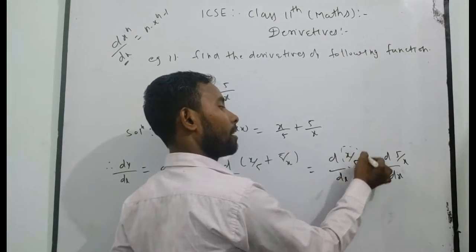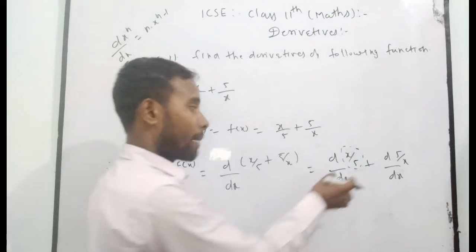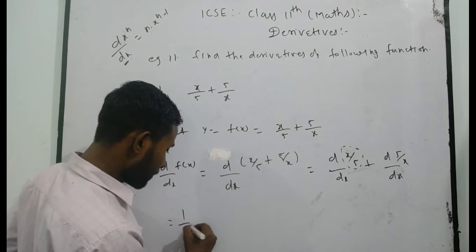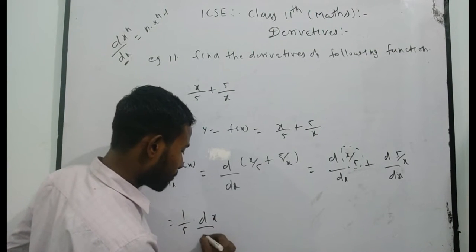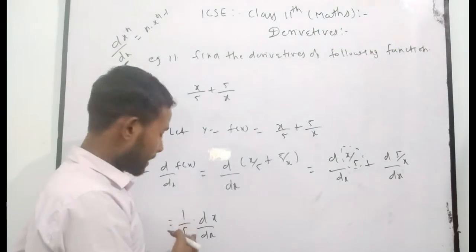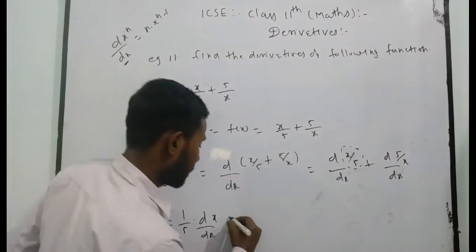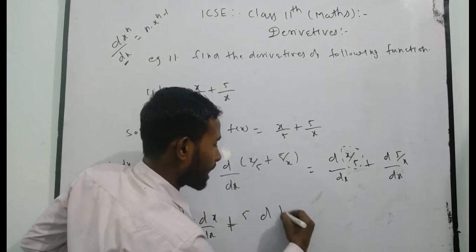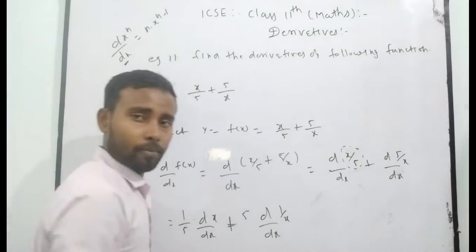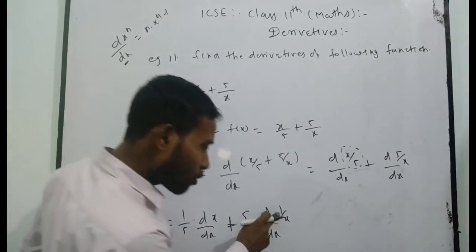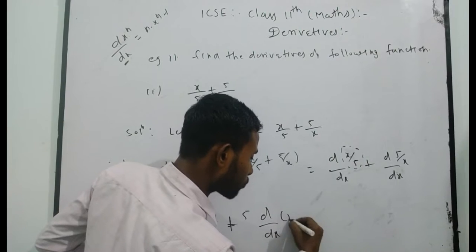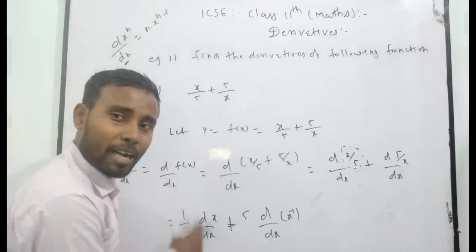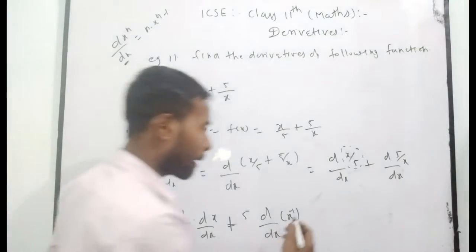This is a function multiplied by the constant term 1 by 5, so you can take it outside the derivative: 1 by 5 times the derivative of x with respect to x, plus here we can take 5 common from the derivative of 1 by x with respect to x. Now, 1 by x is equal to x to the power minus 1. The derivative of x with respect to x is equal to 1. So 1 by 5 into 1 is equal to 1 by 5.